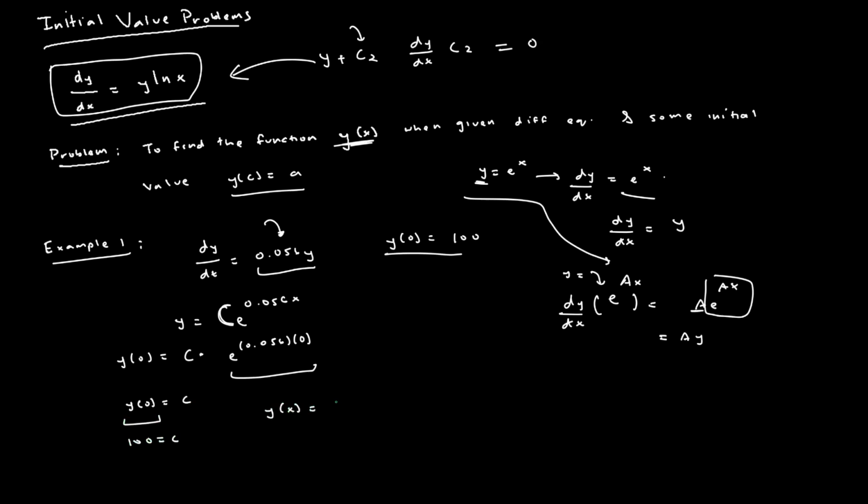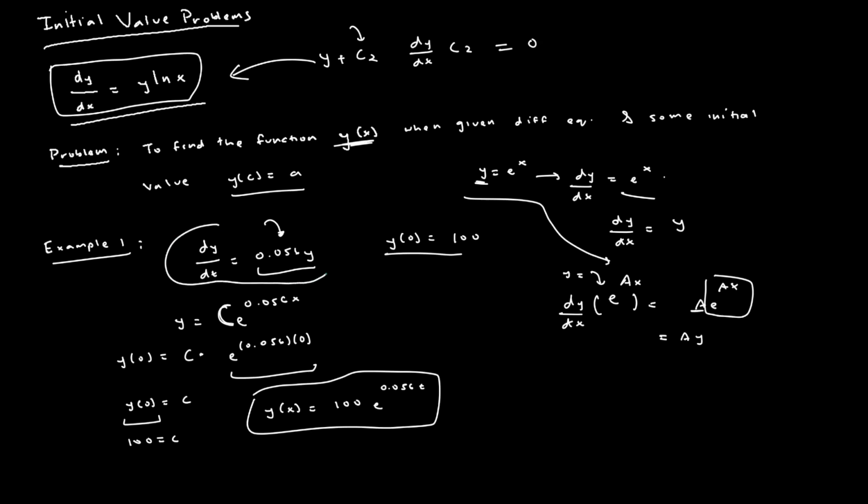y of x is equal to 100 times e to the 0.056 times t. So that is the general workflow of an initial value problem. You've got to find out what function leads to this derivative.